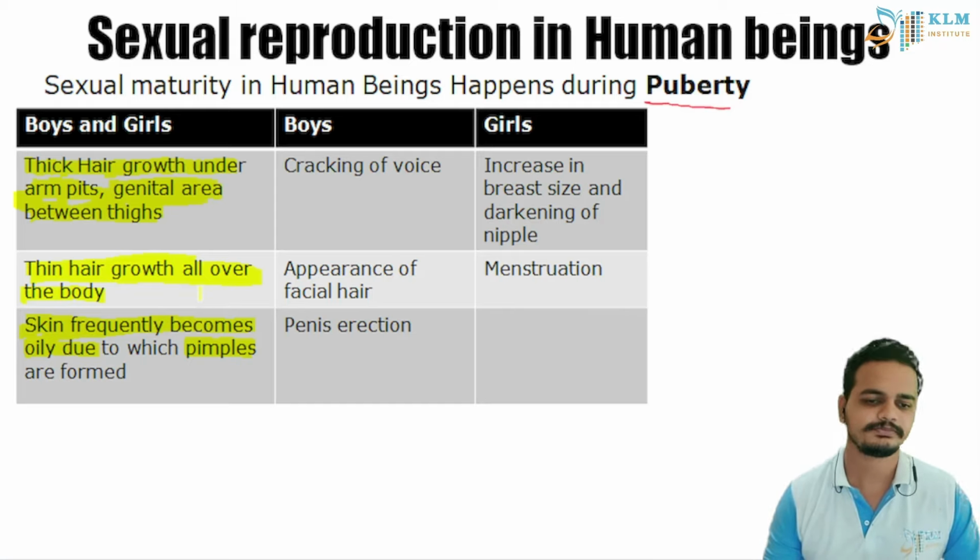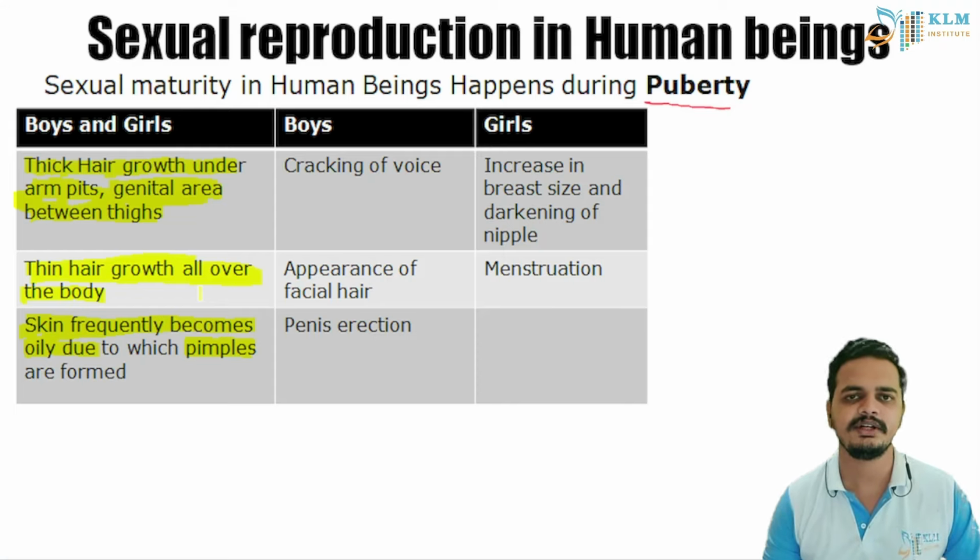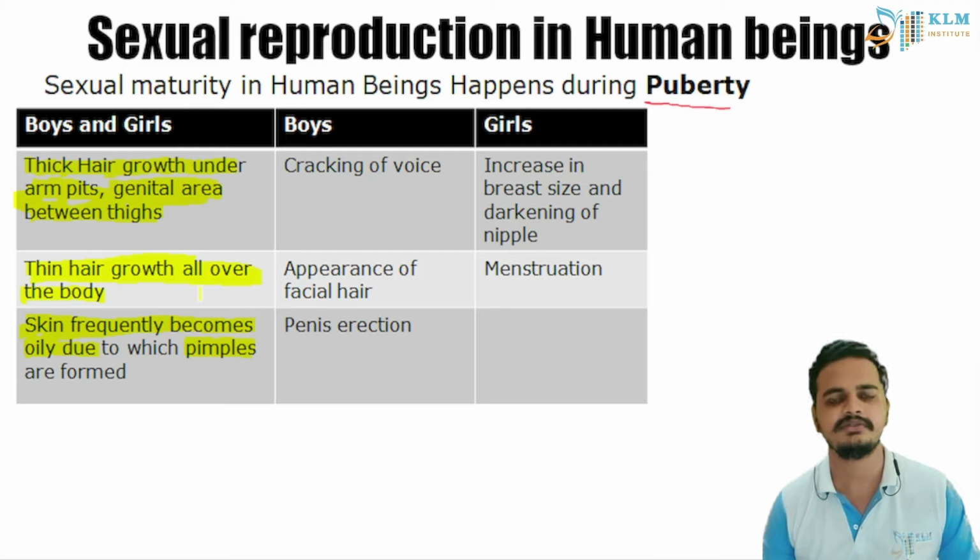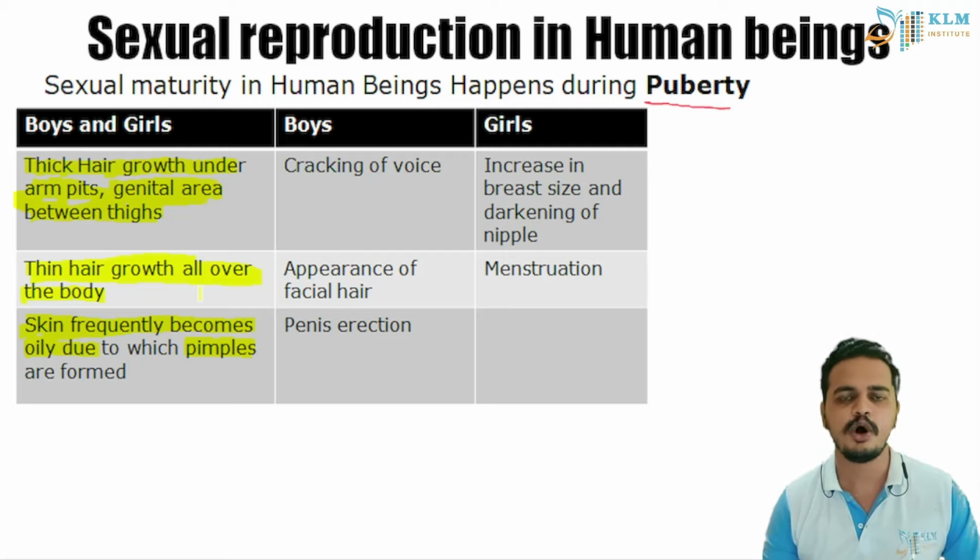But some of the changes you can see, boys have different changes, girls have different changes, because boys need to accommodate different conditions for their sexual needs, and girls need to accommodate different sexual characters.